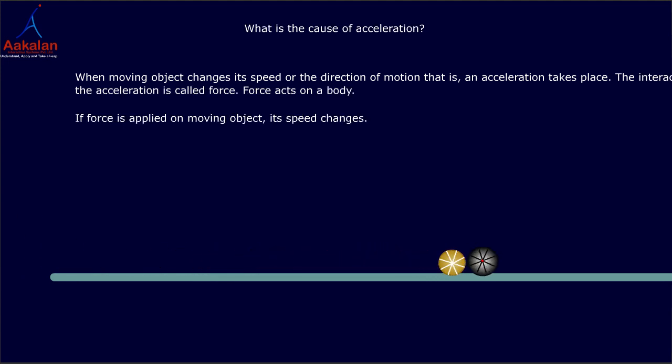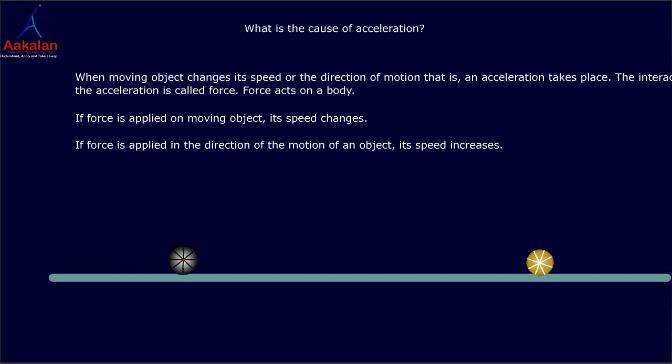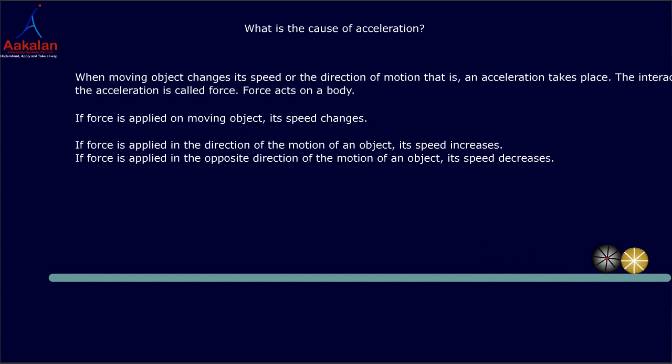If force is applied on a moving object, its speed changes. If force is applied in the direction of the motion of an object, its speed increases. If force is applied in the opposite direction of the motion of an object, its speed decreases.